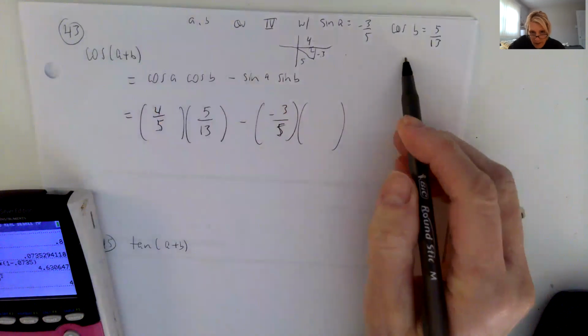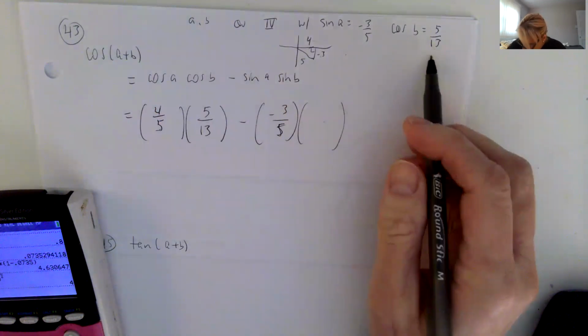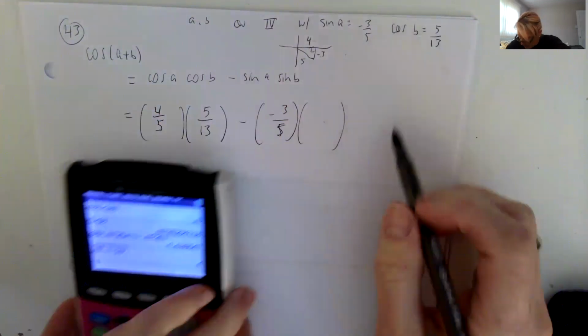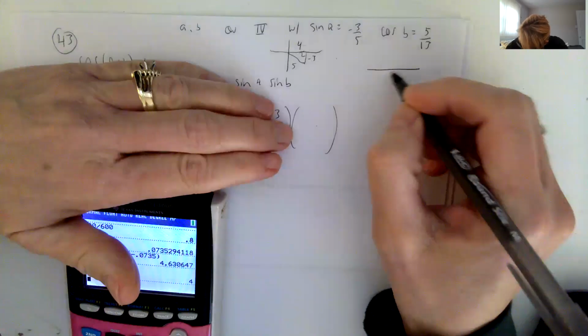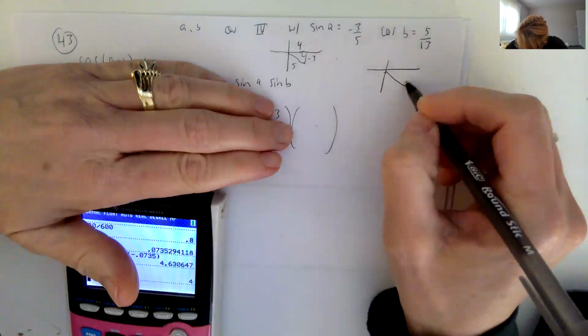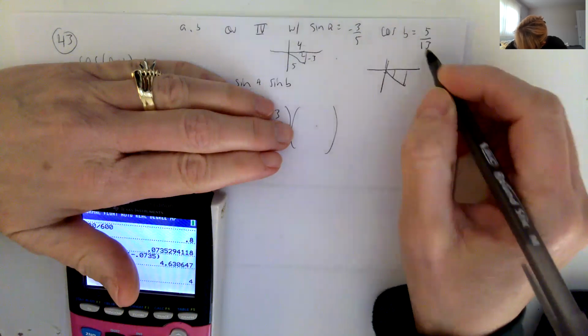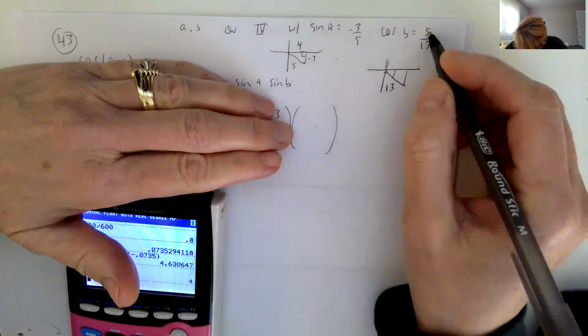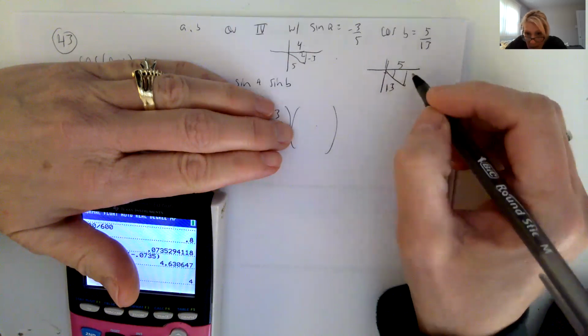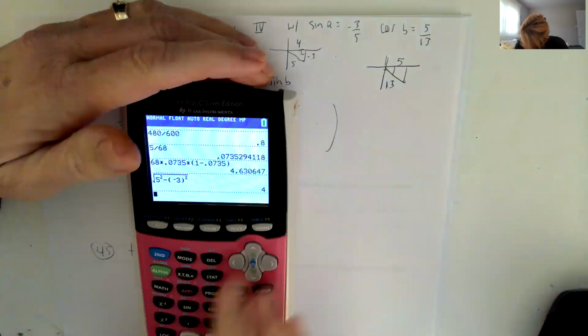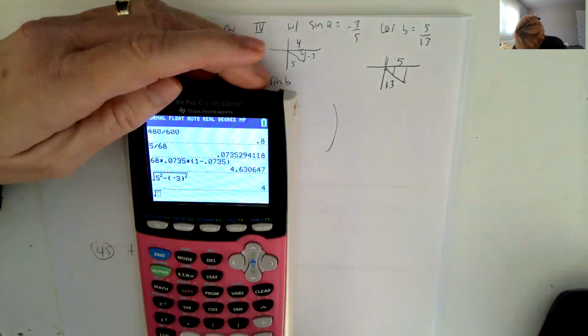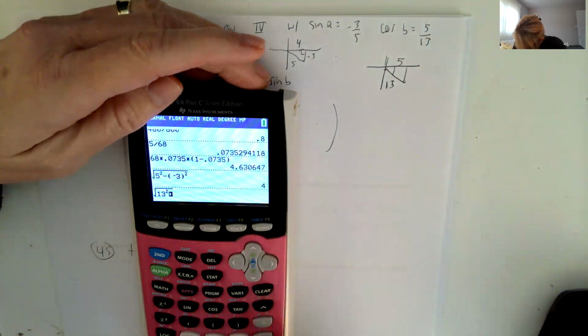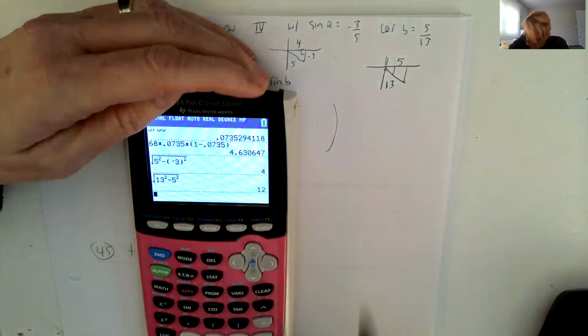And then the sine of B, so I think this is going to be a 5, 12, 13 triangle. Again, this one is also in the fourth quadrant, and the hypotenuse is 13 and cosine is 5. And so we're going to have the square root of 13 squared minus 5 squared, and that is 12.